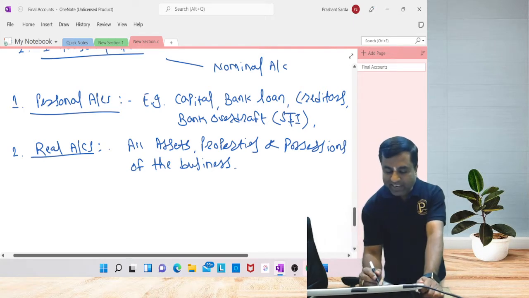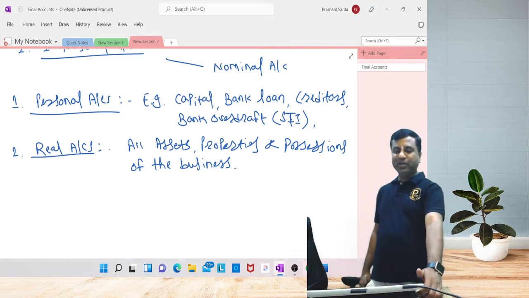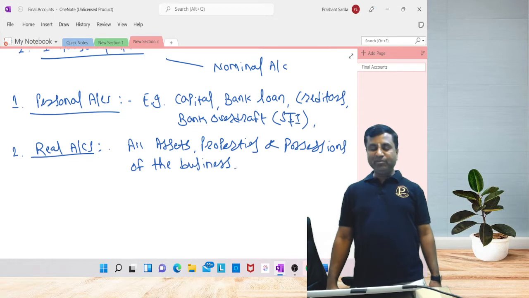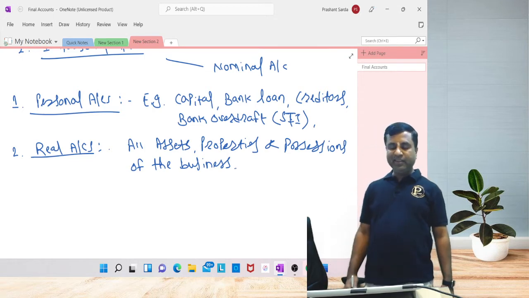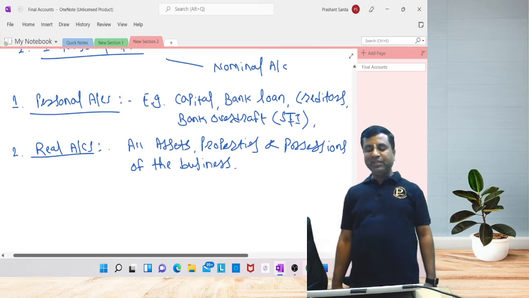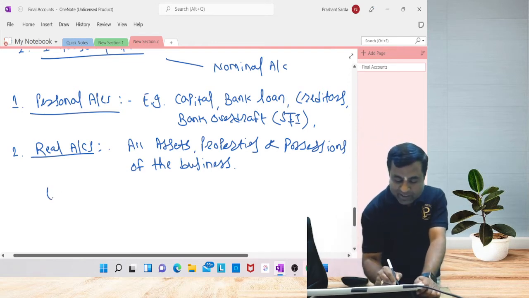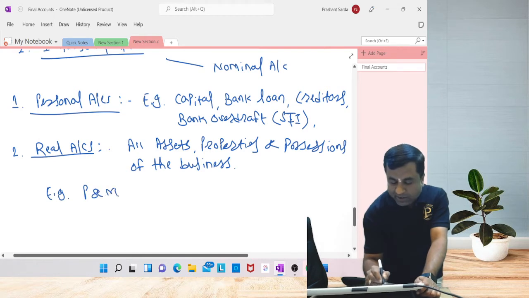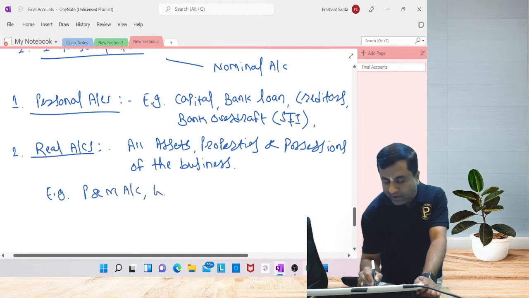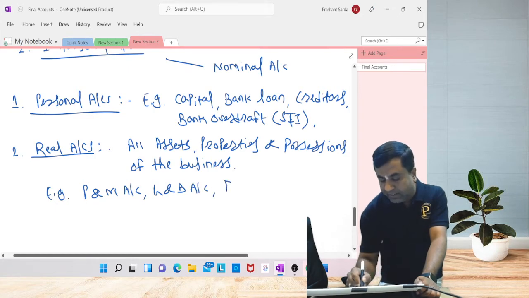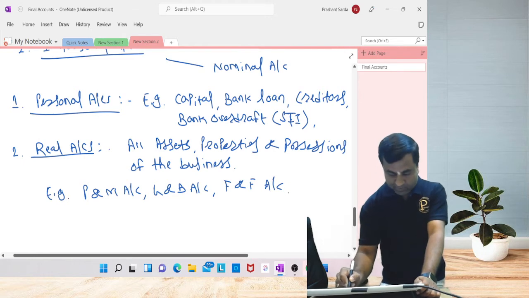Now what are all real accounts? Now you may be saying that there are two types of assets. One is tangible and another is intangible. Both are real accounts, don't mind, because all assets, properties and possessions of the business are usually real accounts. So you take the example of tangible or intangible, that is plant and machinery account, land and building account, furniture and fixture account. All these are basically real accounts.